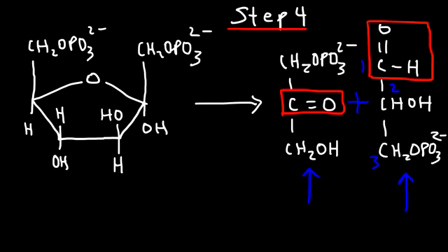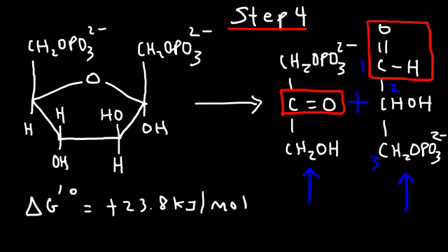Now, is this reaction reversible? The delta G value for this reaction is positive 23.8 kilojoules per mole. Now, this is a high number and it's positive, so that indicates that it favors the reactant on the left side. Now, keep in mind, this is the biochemical delta G value and not the other one that's based on chemistry and physics.